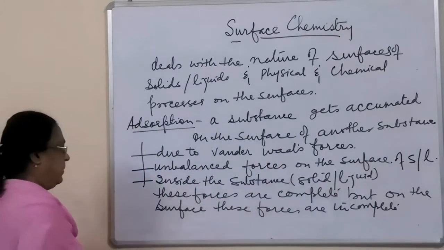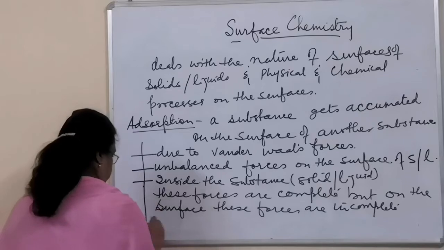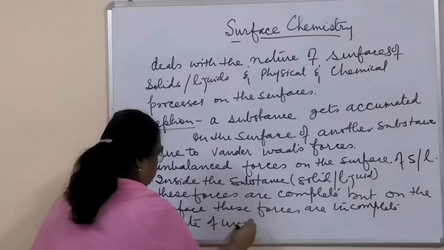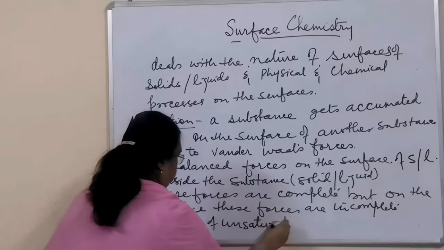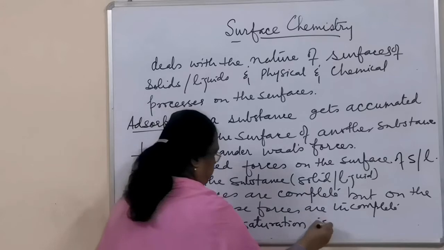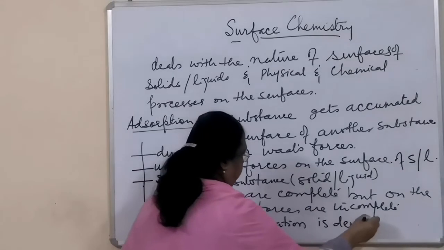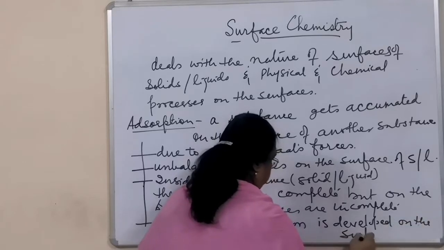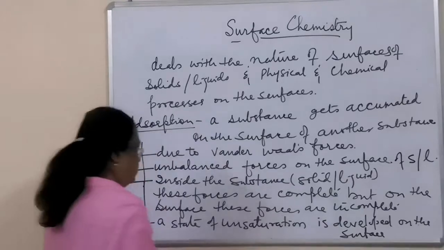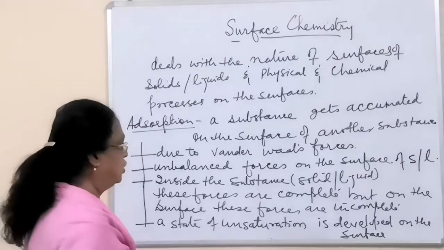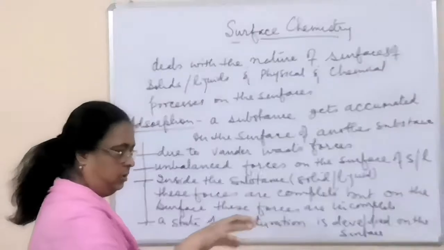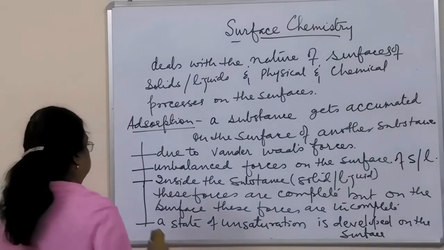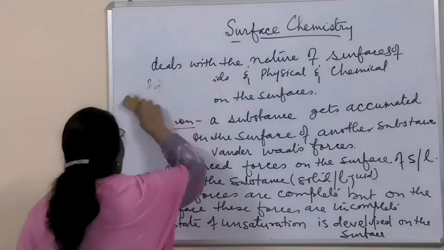So because of incomplete forces, a state of unsaturation is developed on the surface. Unsaturation means the substance accumulated on the surface will not be satisfying the substance over which it is getting deposited.